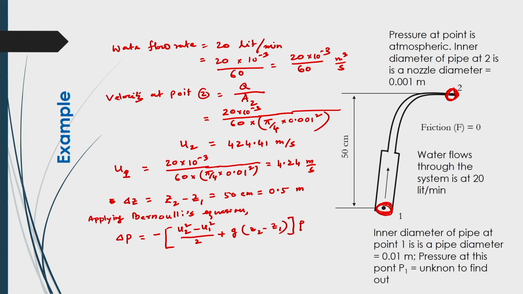So based on this, after substitution of all the values of u1, u2, z1, z2, g and the density, finally we can have this value of pressure difference as minus 90059173. This is in units of Newton per meter square. So this is basically the pressure difference.